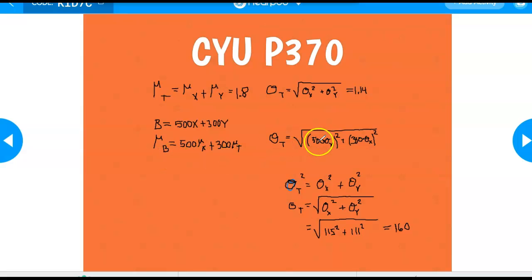Standard deviation, we can't just do that. So standard deviation was a tricky one. We have to multiply 500 times 0.943 and square it. So yes, we square the 500. You could do it two ways. You could do 500 squared times 0.943 squared, or you could do 500 times 0.943 first, in parentheses, and then square it.